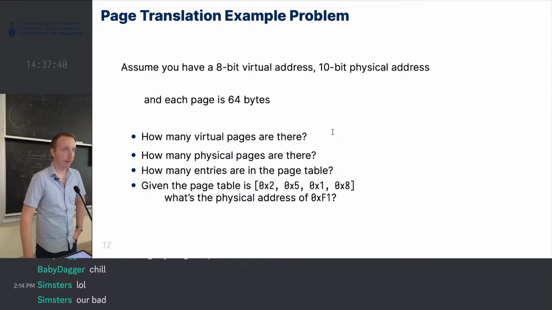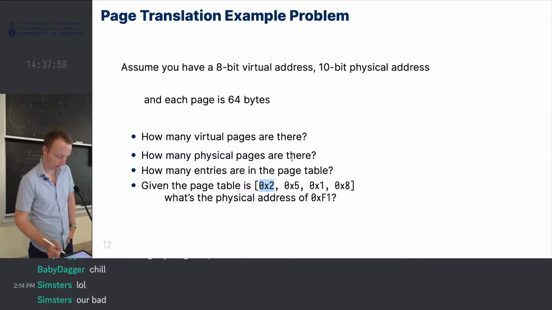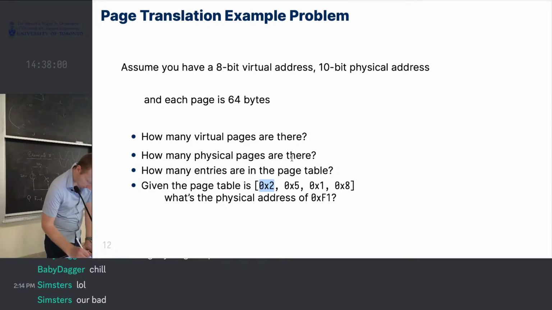And then given a page table, which is just represented as an array, so it would be virtual page 0, and then these are all physical page numbers, so it would be 0, 1, 2, 3. Then what is the physical address of something like F1? I'll give you some time to think about it, and then you can tell me what to do.